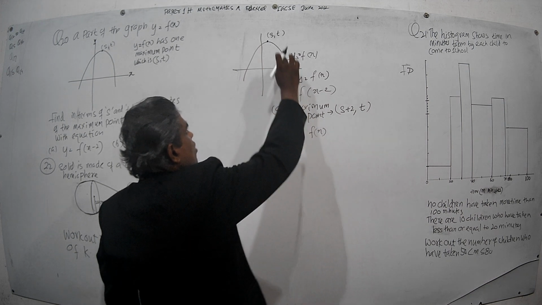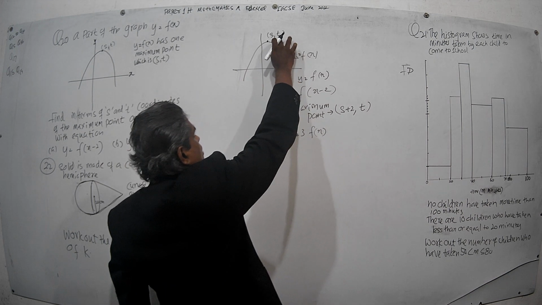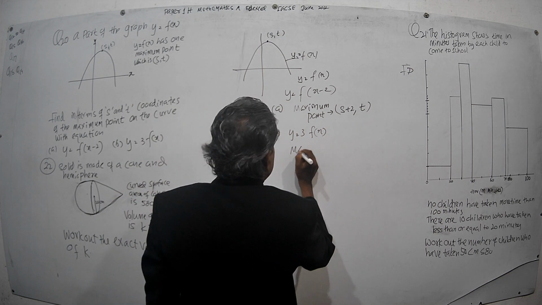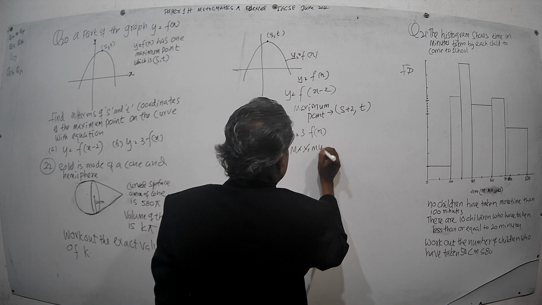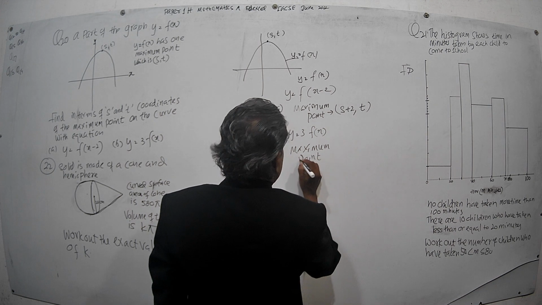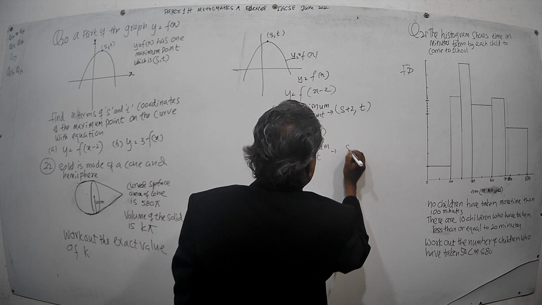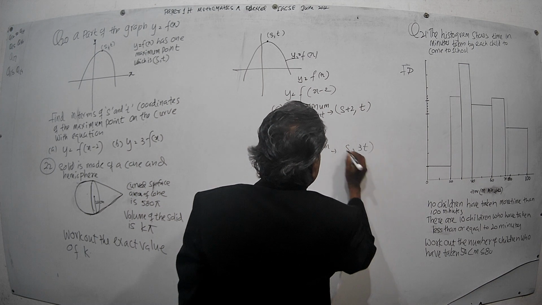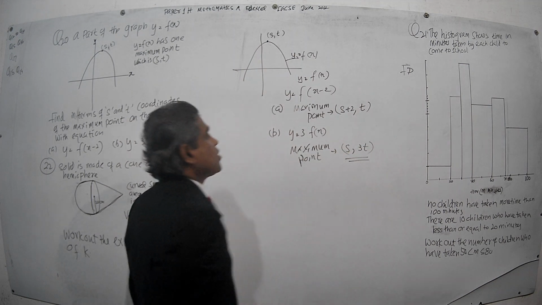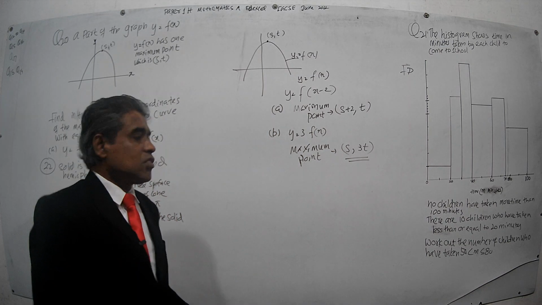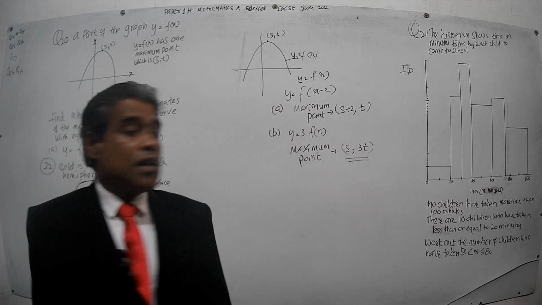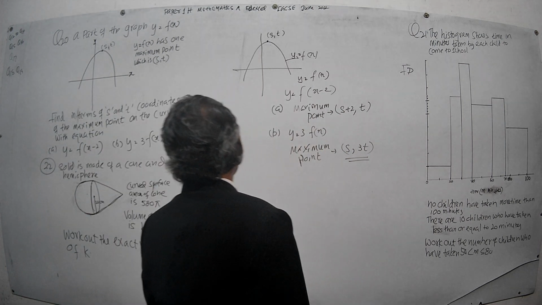Therefore the y coordinate is multiplied by 3 and the x coordinate doesn't change. Therefore the maximum point of this graph is (s, 3t). That is how it is done.